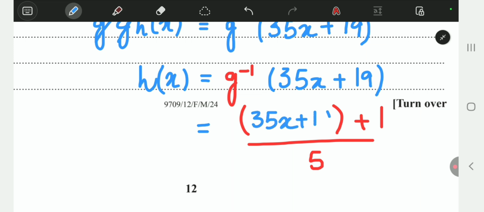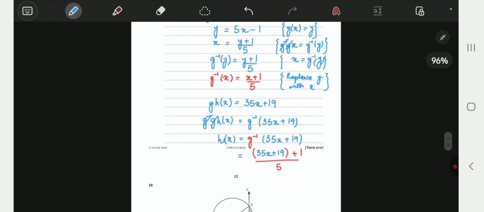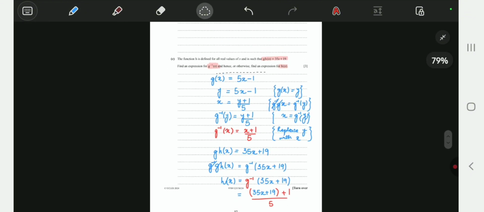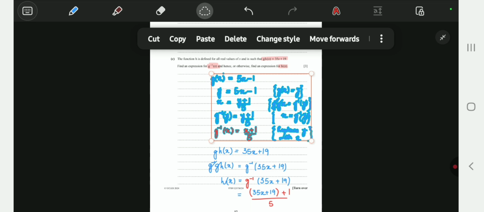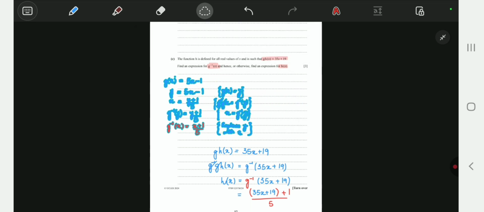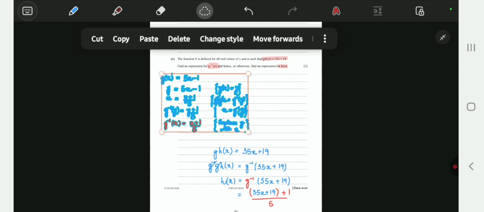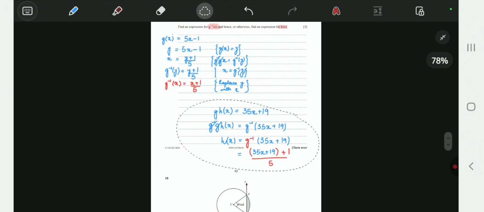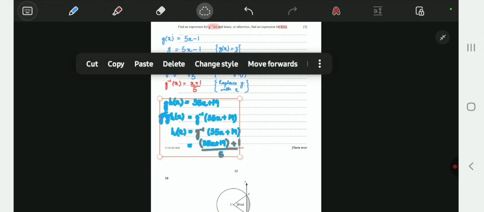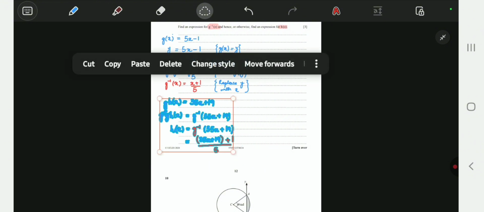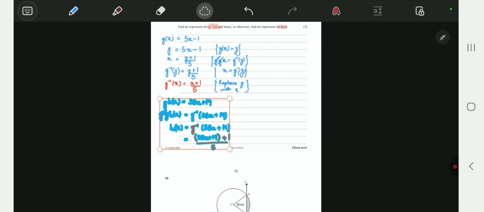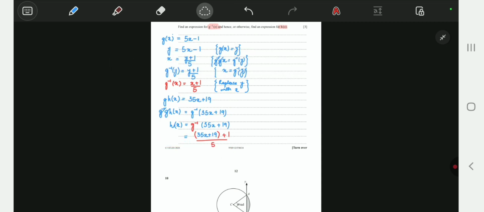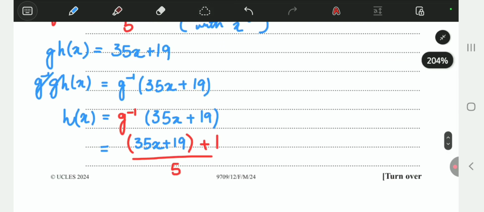So 35x plus 19. Now let's simplify this to get h of x.